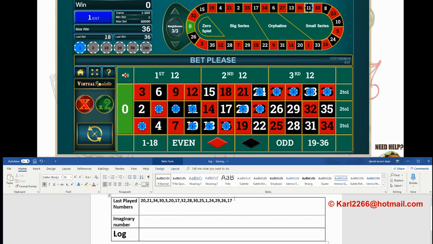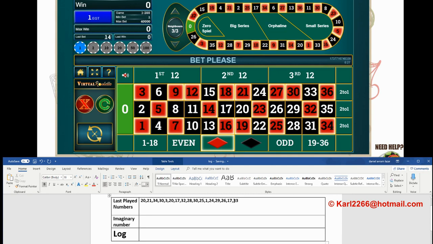We have actually minus 2, but we are not sure, so we wait a new number, and after 17 we got number 33. So now we got for sure minus 2. Why? Because between 26 and 17 fits minus 2, perfect. Because 26 minus 2 is 24, terminals from 24 is 17.